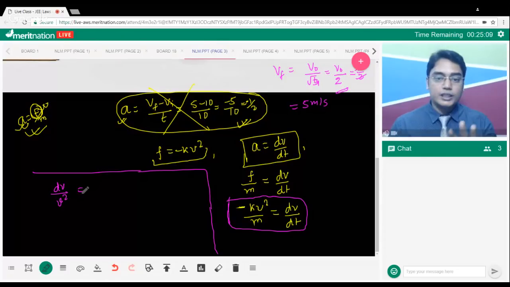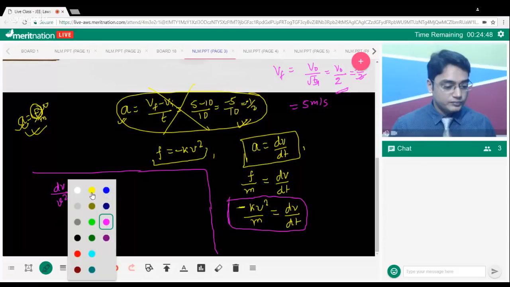So we are using that and we are obtaining the value of k. That is the part. So dv upon v square, we are just arranging this. Okay, now, so we can say dt, right, minus k by m. I hope this is clear, everyone, because dv upon v square is equal to minus k upon m dt, and then integrating.